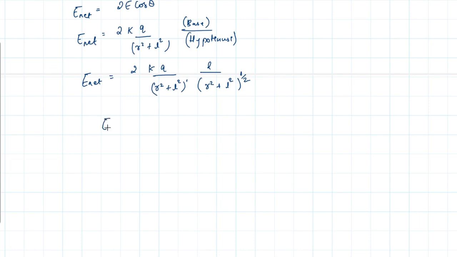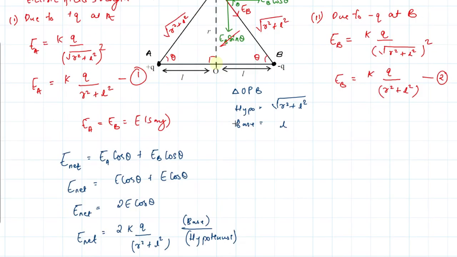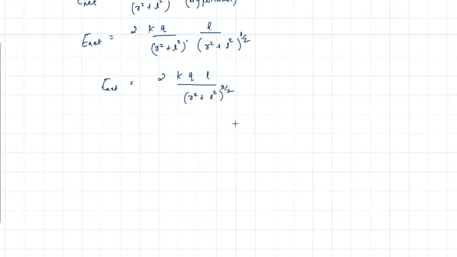So it will be KQL, and then R square plus L square are the same, so the power 1 plus half will give me the power 3 by 2.